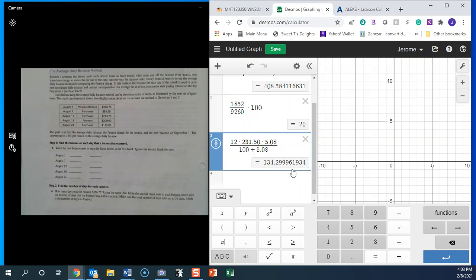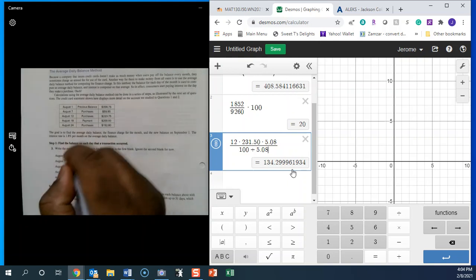Okay, the goal is to find the average daily balance, the finance charge for the month, and the new balance on September 1st. The interest rate is 1.8% per month on the average daily balance. Okay, so it says find the balance on each day that a transaction occurred. Write the new balance next to each day listed below in the first blank. Ignore the second blank for now.